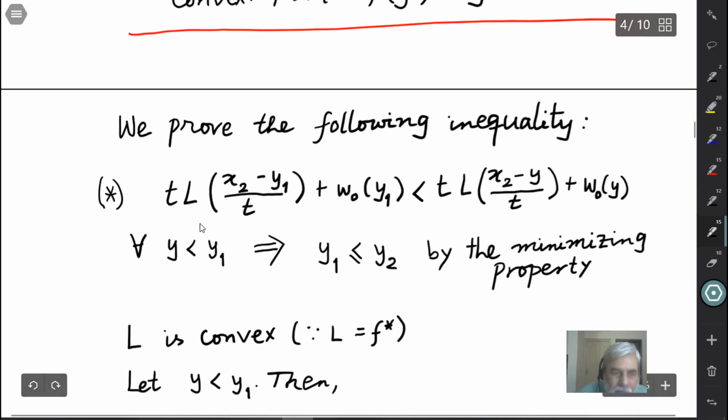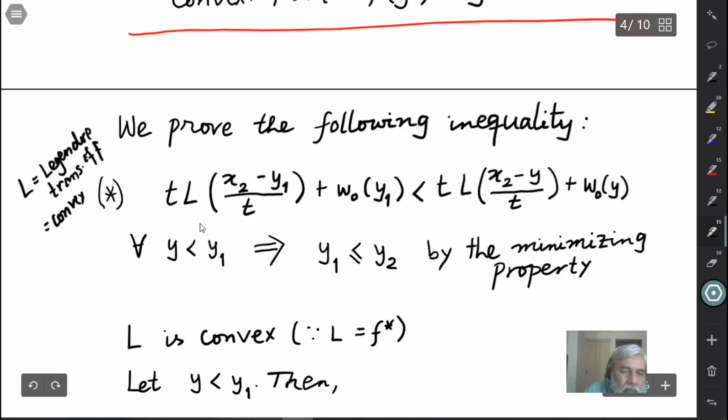Remember, this L is the Legendre transform of F, so it's convex. So we are going to show that this inequality holds.